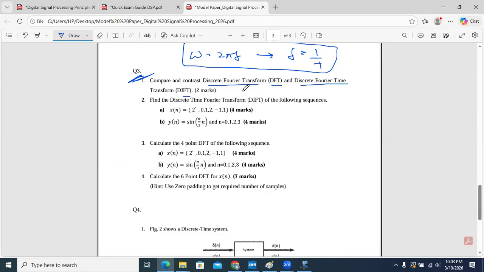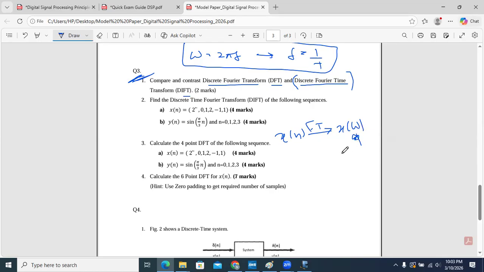Actually here you are converting a discrete time, sorry, time domain signal into a frequency domain signal using the Fourier transform. This frequency domain signal is continuous.